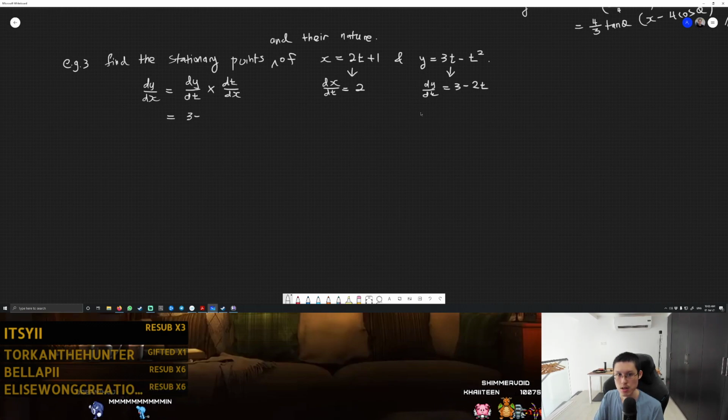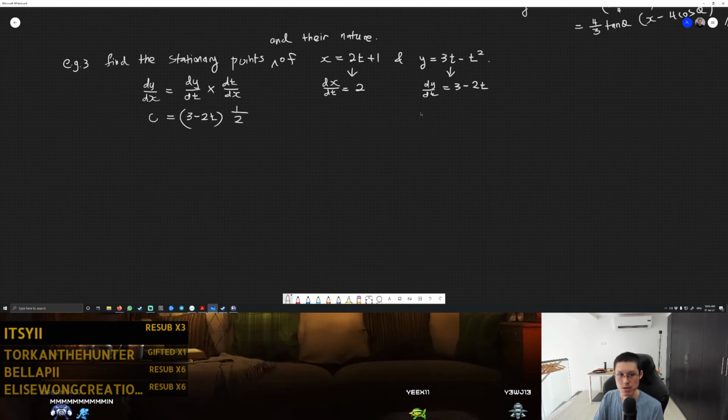We get 3 minus 2t, and this one is 1 over 2. Now we equate this to 0 because we're trying to find the stationary point. Hang on, let me just check something. 3 minus 2t, yep. Okay, so equate that to 0, and then we solve for t, so t is equal to 3 over 2.